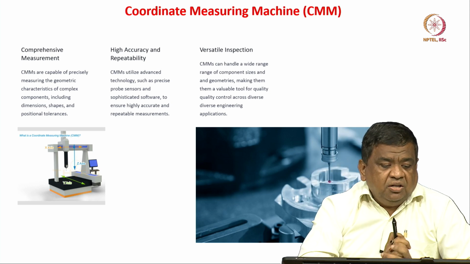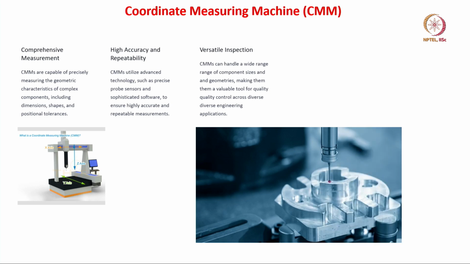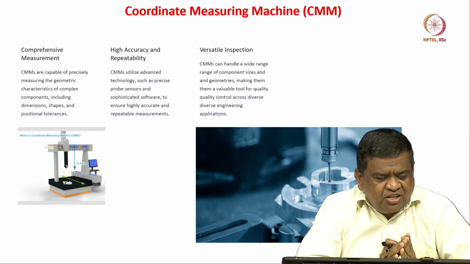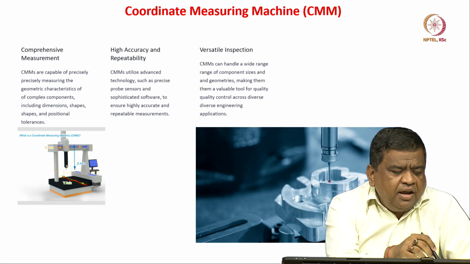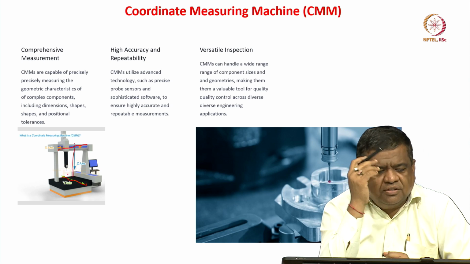Coordinate measuring machine. A coordinate measuring machine is perhaps a little more complicated than the vernier calipers. As the name suggests, it essentially gives you dimensions along the y axis, along the x axis and along the z axis.